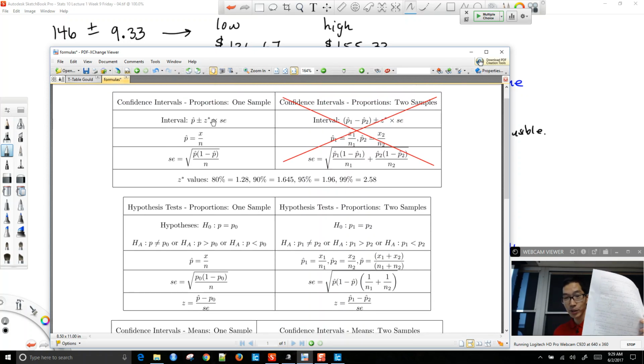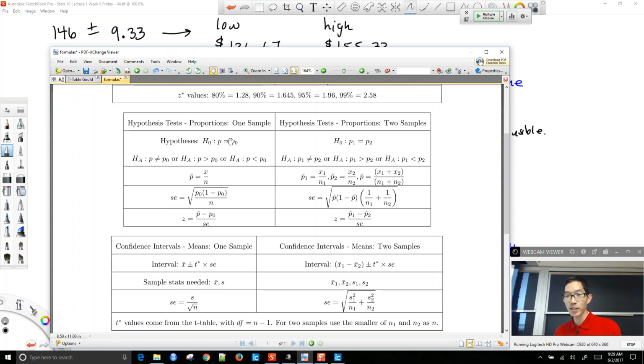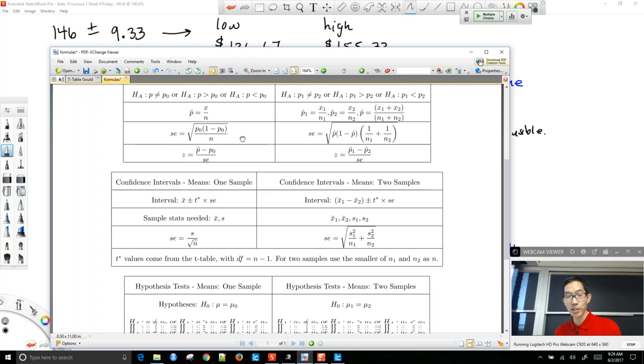And so, this shows the formulas for confidence intervals for proportions: p hat plus or minus z star times the standard error. P hat is this, the standard error is this, and the z stars are these four values, okay? And then with hypothesis tests, it says, these are your hypotheses, these are the values you have, and then, here's your standard error and all of that.